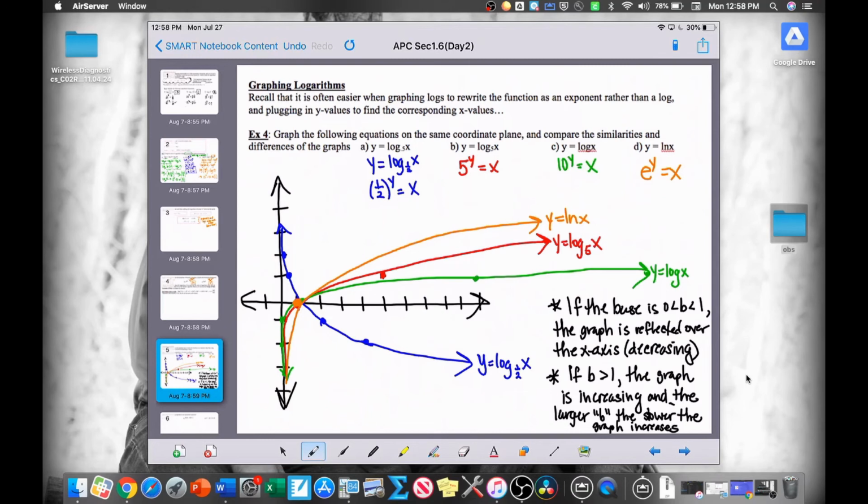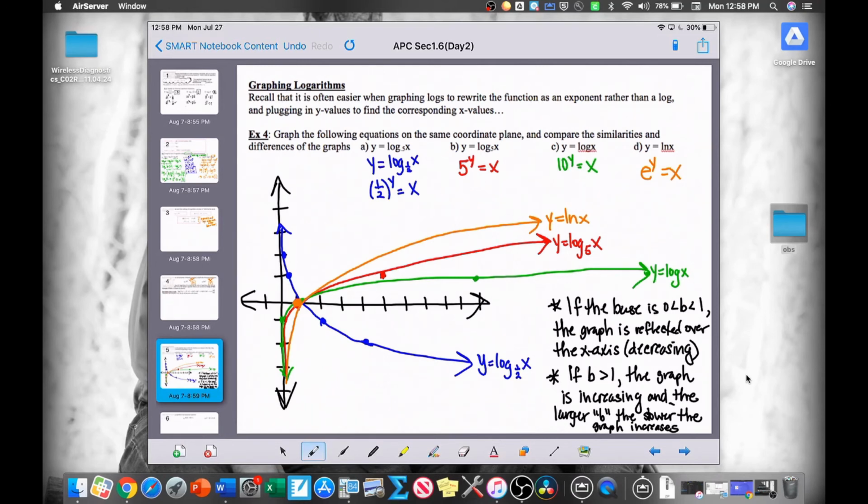Because if we look at our 3 graphs again, log base 10 of x, that was the biggest base we had, because e is like 2.7, and then we had log base 5, and then we had log base 10. Notice that the green graph, y equals log base 10, that one is increasing at the slowest rate. Whereas the smallest base of those 3 was e, that graph is increasing at the faster rate.